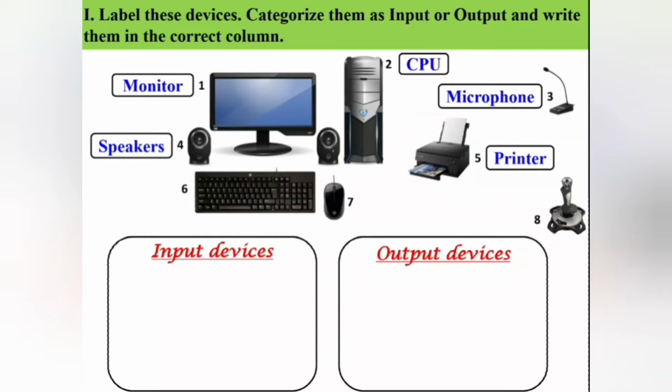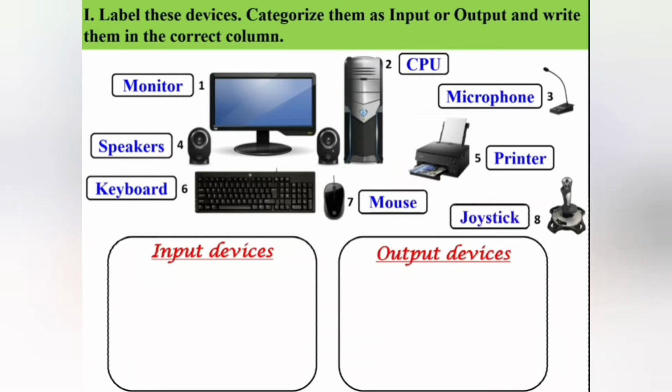Our sixth device is keyboard. What is the name of the seventh device? The seventh device is mouse. What is the name of the eighth device? The name of the eighth device is joystick.